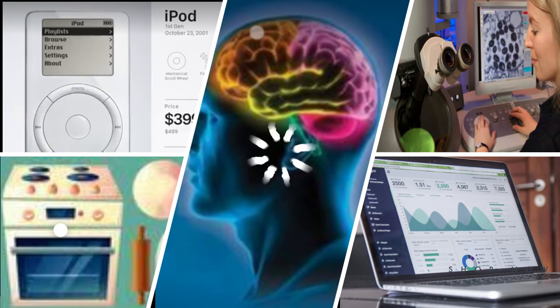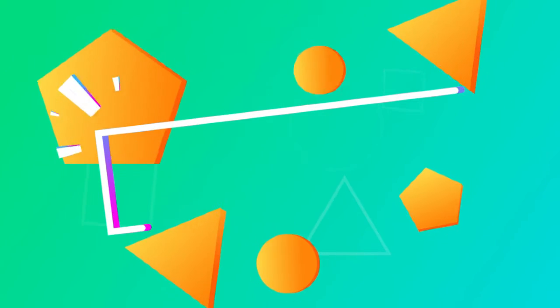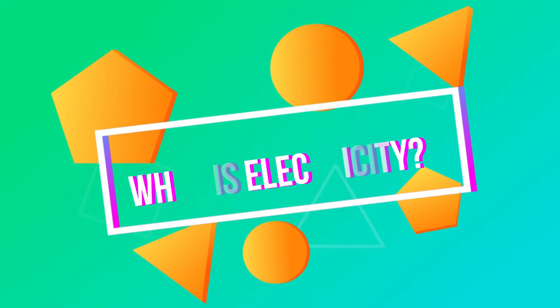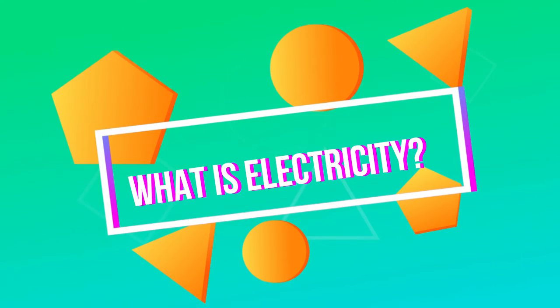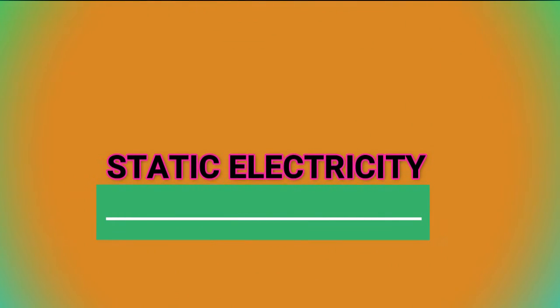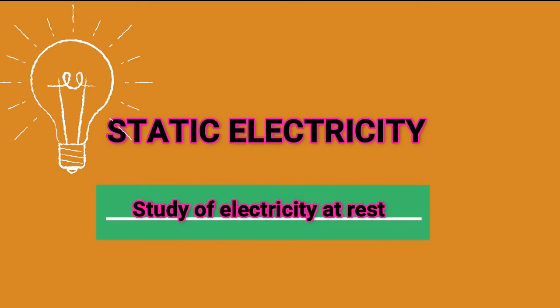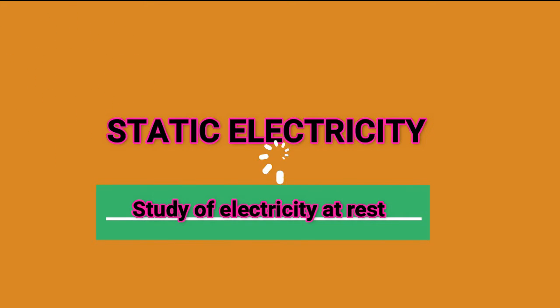So let's take a closer look at what electricity is. Electrostatics, or static electricity, is defined as the study of electricity at rest. This does not mean that electrons, the prime movers of electricity, are at rest.